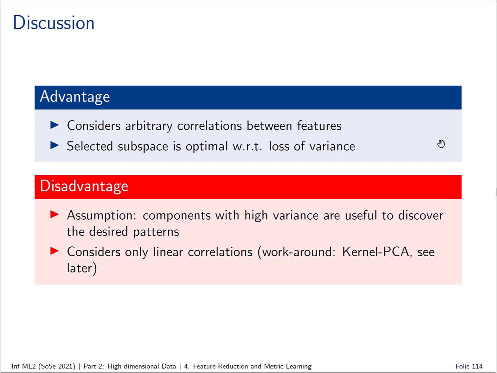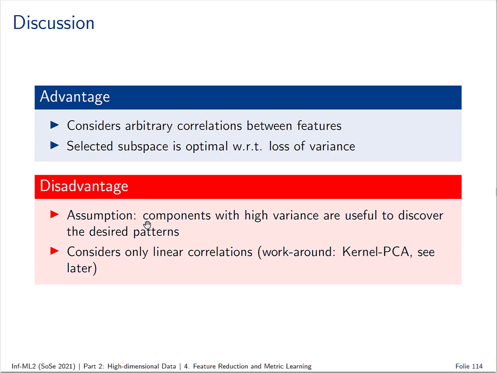The disadvantage is that the assumption that the components with high variance are useful to discover the desired patterns needs to be fulfilled. Well, first of all, this assumption is not a disadvantage, but we have to be clear that if this assumption does not hold in our data set, which is often hard to prove or hard to check, then PCA doesn't make sense.